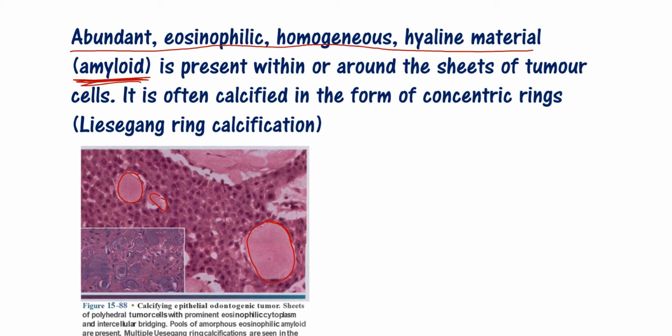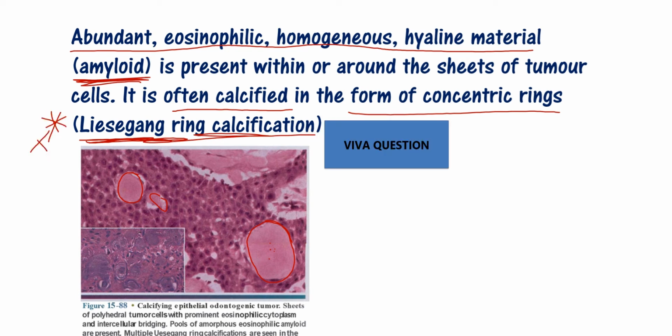And this amyloid like material may undergo calcification in the form of concentric rings, and this is called as Liesegang ring calcification. This is extremely important. It is asked in Viva, where do you see Liesegang ring calcification? I'll explain you what it is.